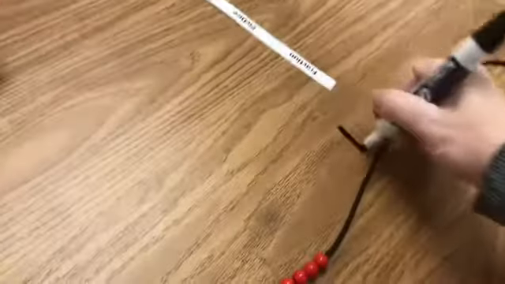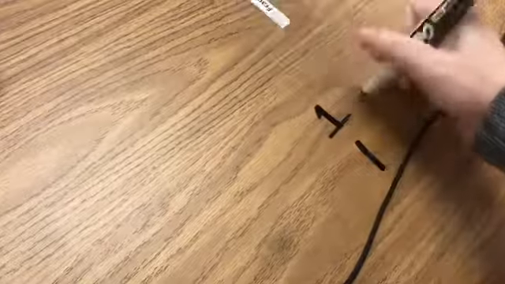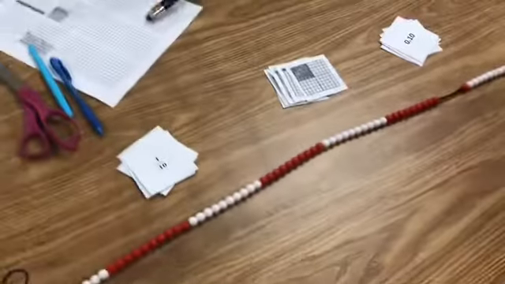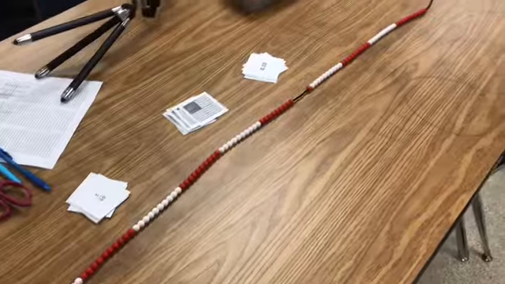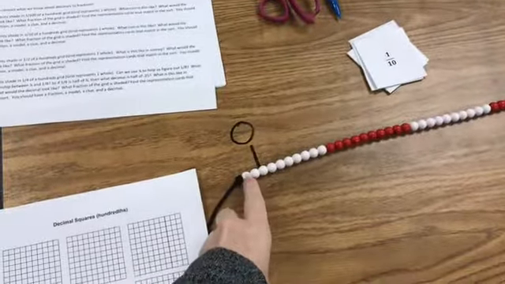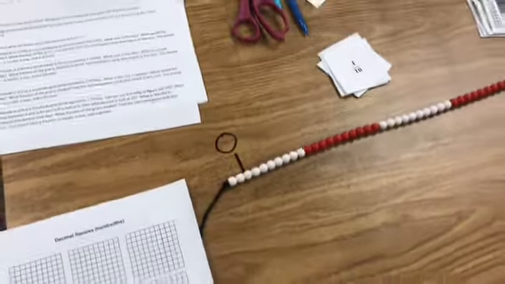The end is going to represent 1 whole. Okay? So now, if this is 1 whole line of beads, instead of 100 beads, I'm thinking of it as 1, then how much would just 1 bead equal?